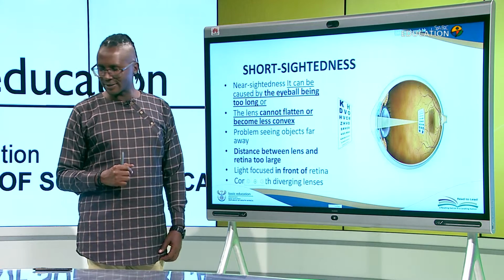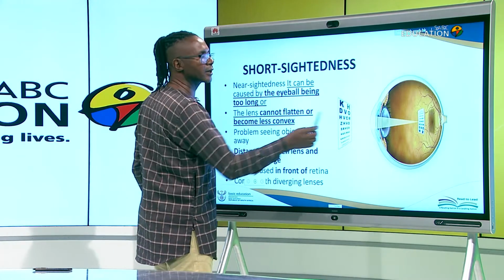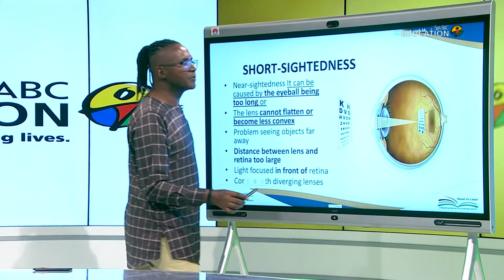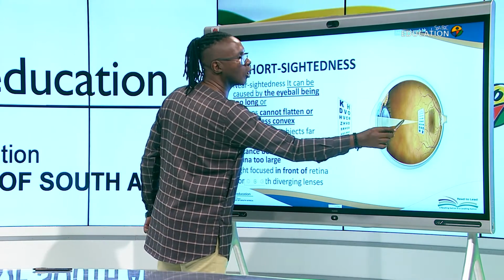What is short-sightedness? Short-sightedness can be caused when your eyeball is long, when the lens cannot be flat. So what happens? Remember, the intention is the image should fall on the retina. But now, because the eyeball is long, the image falls short.